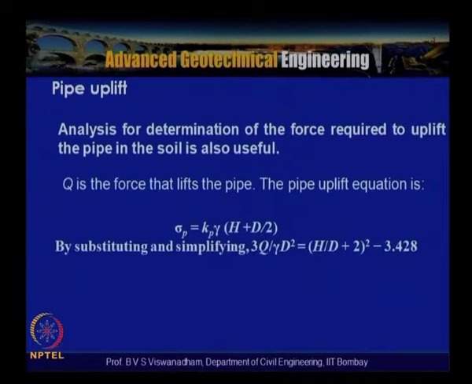Now, pipe uplift: what is the uplift force experienced by the pipe? The analysis for determination of the force required to uplift the pipe in the soil is also useful. So, Q is the force that lifts the pipe.